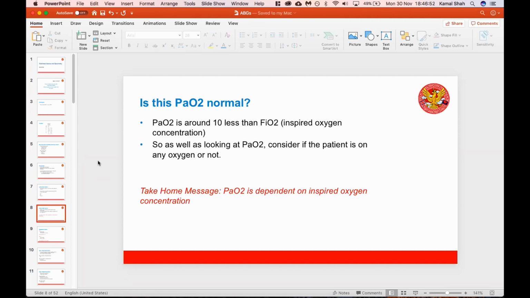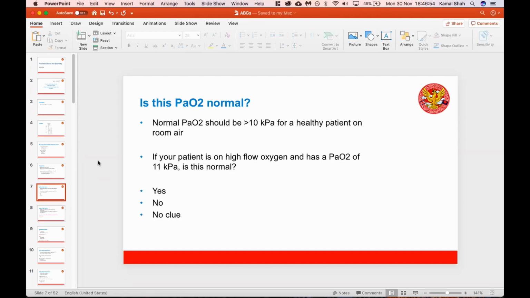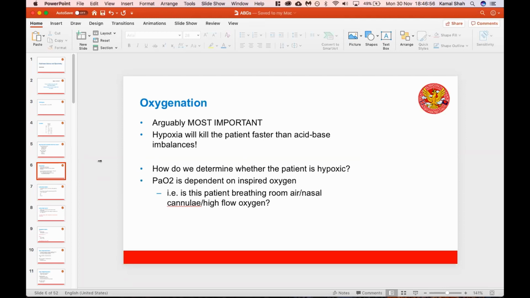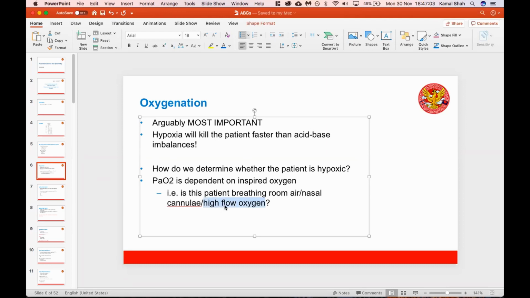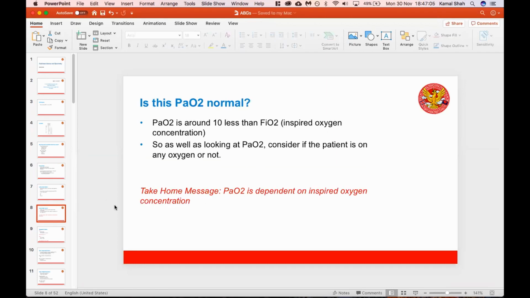So this might be a bit confusing, but you can actually convert between the different types of oxygen. Say, for example, the patient is on high flow oxygen. There'll be a conversion between high flow oxygen and the inspired oxygen concentration, and from there we can determine what our PaO2 should be.